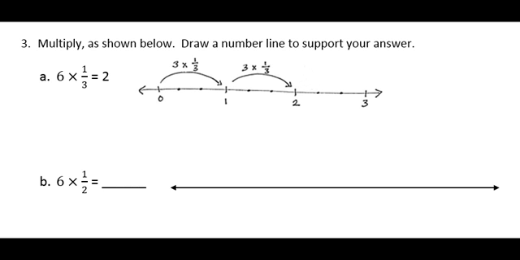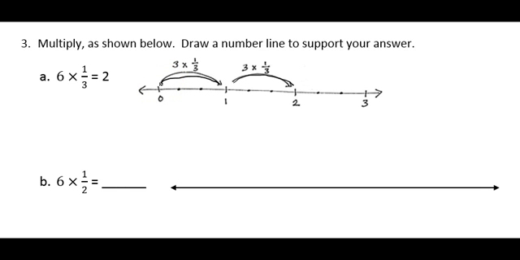In the next section, we're going to show how we can multiply on the number line with our fractions. The first problem's been done for us. It is 6 times 1/3, and it equals 2 wholes. You can see that we have 2 hops, and each hop represents 3 groups of 1/3. So I have 3 groups of 1/3 here, and 3 groups of 1/3 here.